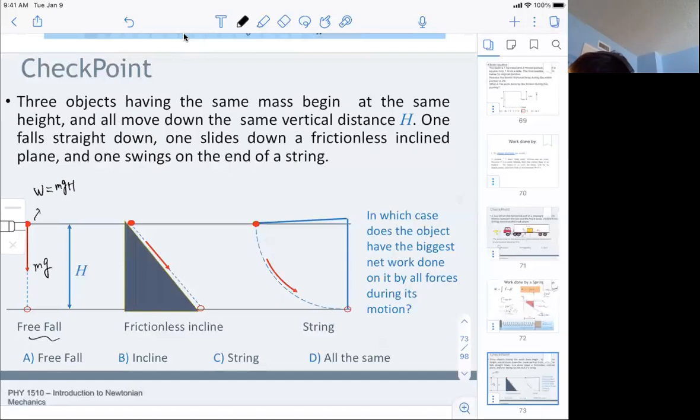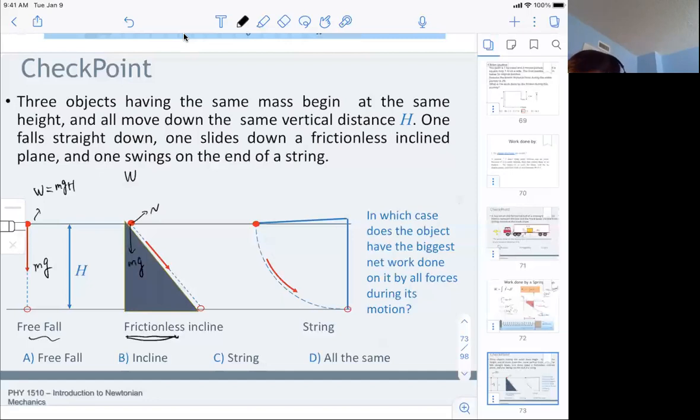Second case, how many forces are on the object? We have gravity. Do we have another force? I know I don't have friction because it says frictionless. Do I have another force? Normal force? Yes, one more, that's the normal force provided by the surface of the incline. Only those 2 forces, right?